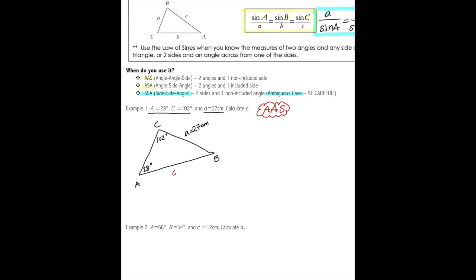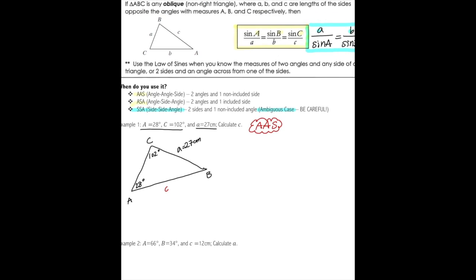So how do we apply the law of sines? Well, the law of sines is a relationship between the sine of an opposite angle and the side. I'm solving for side c, and it's opposite to the sine of angle C, which is 102 degrees. By the law of sines, this should be equal to side a, which is 27 centimeters, over the sine of angle A, which is 28 degrees. We can solve this by cross multiplying.